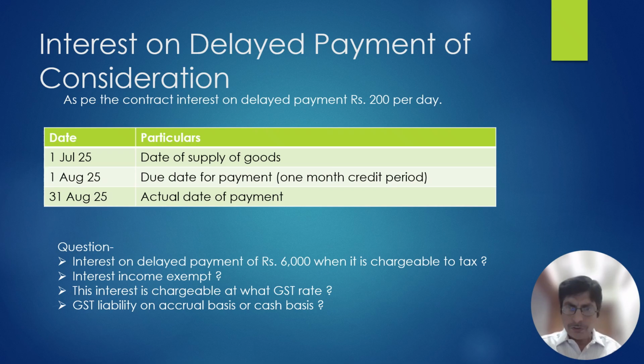That is, you raise the invoice, you pay the GST irrespective of the receipt of money. Correct? So in all provisions, the accrual system is followed. But this is an exception: when there is interest for delayed payment, the GST liability is to be paid on receipt basis, cash basis, only when you actually receive it.